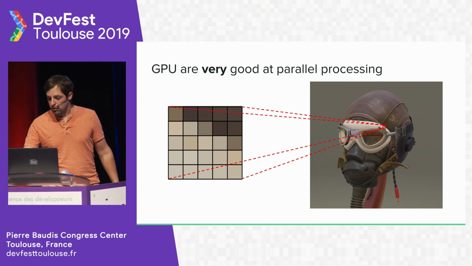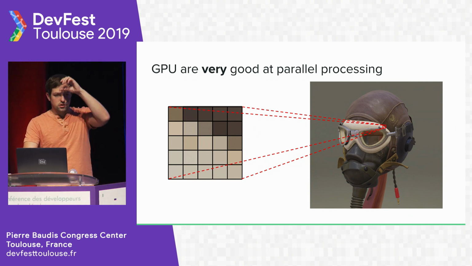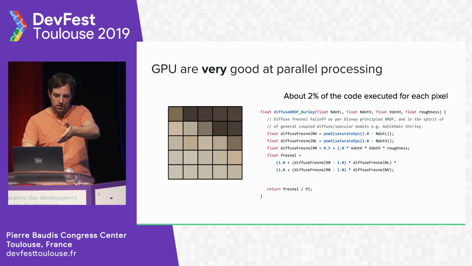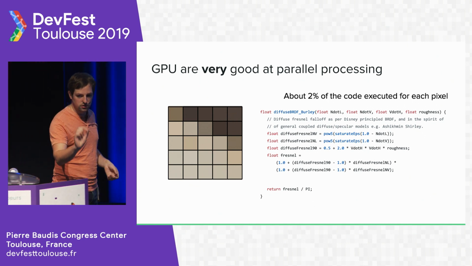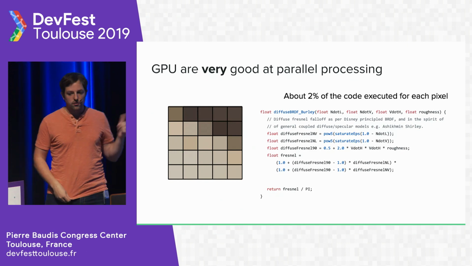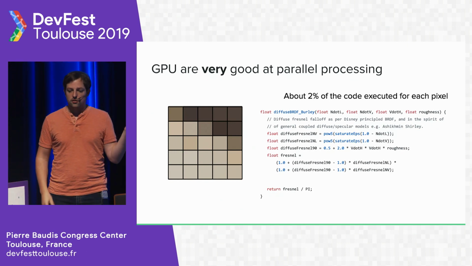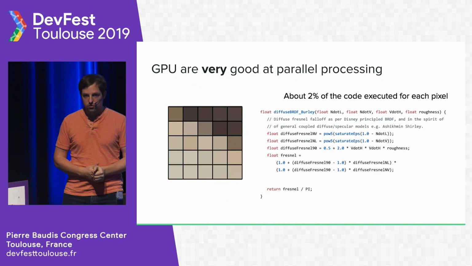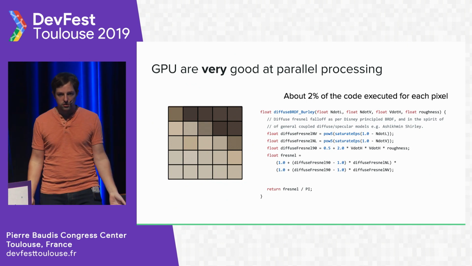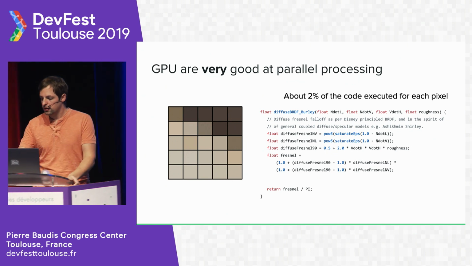So for example, this is a screenshot from a demo from Babylon.js, and this is a very, very tiny part of the code that's run for each of these pixels. I don't know if you can read it, but there's a lot of math, and there's a lot of memory accesses also in that code.